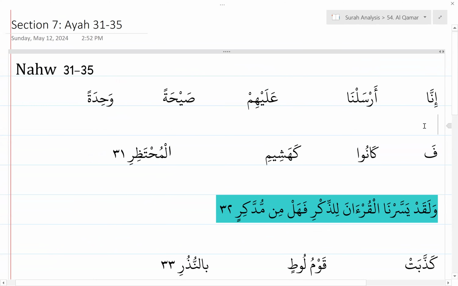So inna, this is mushabba bil fi'l, with the pronoun as the ismu inna, and together they form the mubtada.